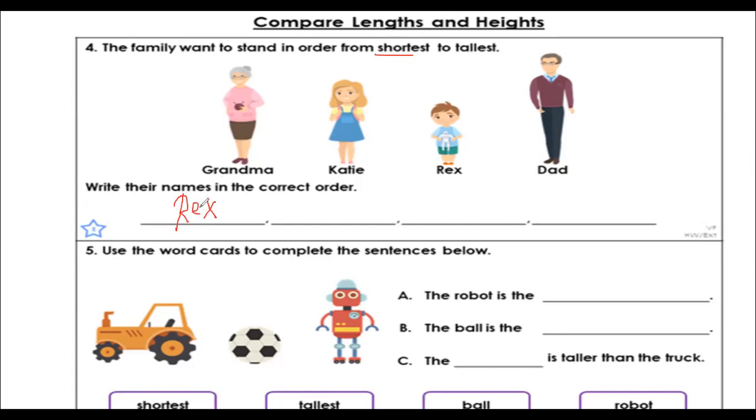Next to Rex, it's Katie. Very good. Next is Grandma or Dad. It's Grandma. And lastly is the Dad. Very good. From shortest to tallest: Rex, Katie, Grandma, and Dad. Okay? So did you compare the heights of the family correctly?